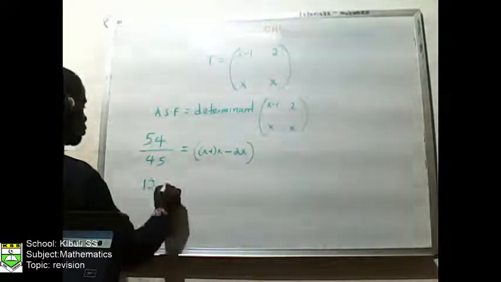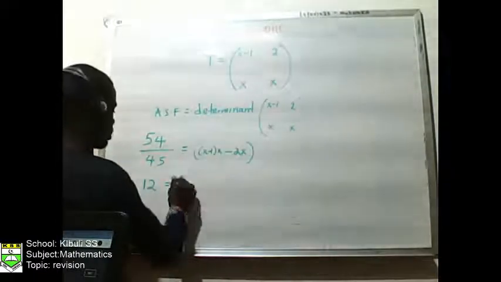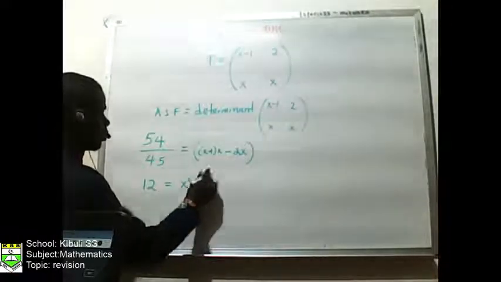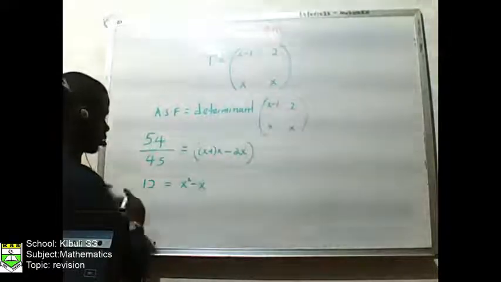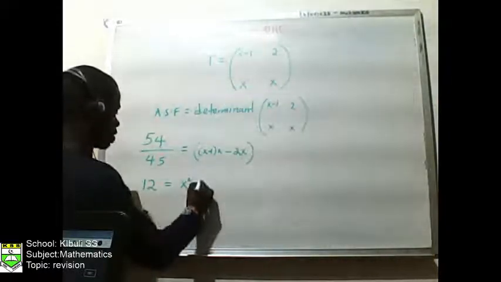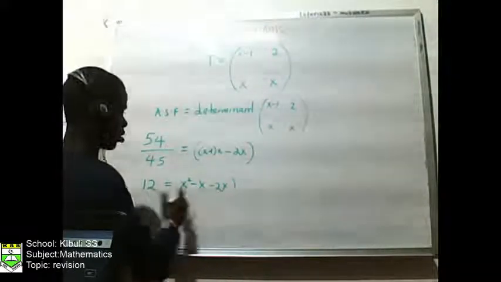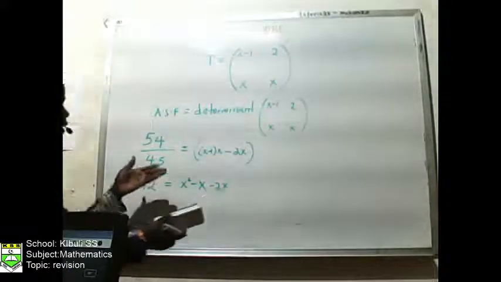I'm going to write 12 straight away, and when I multiply x with this bracket, it's going to be x squared minus x, and minus 2x. I can remove the brackets because I already have one term.